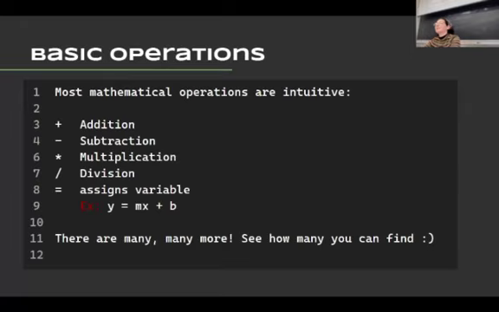Addition is the plus sign, subtraction is the minus sign, multiplication is the asterisk, the little star, and division is the forward slash. The equal sign assigns a variable, which is kind of a weird thing to say instead of just saying it's equivalent. But you cannot have two sides of an equation in Python, it'll give you an error.